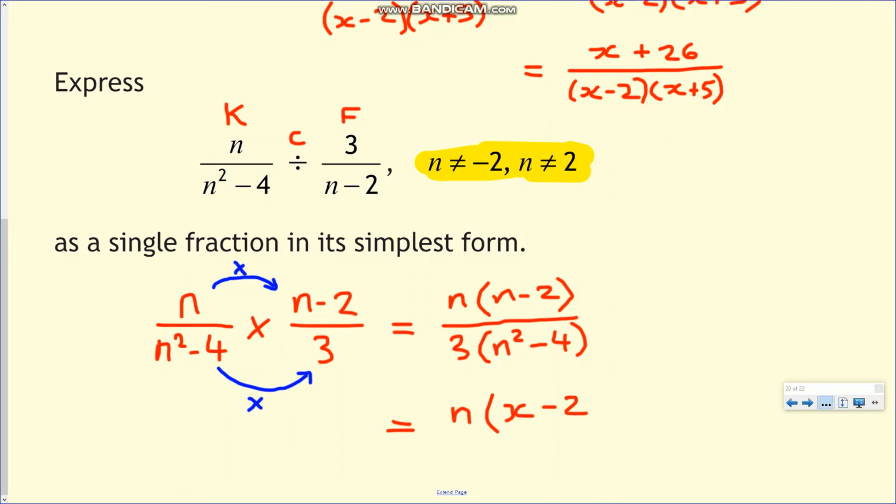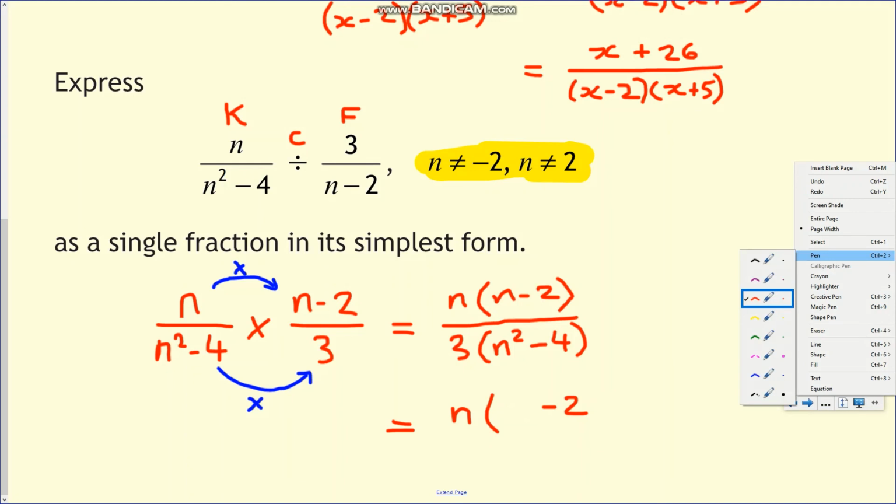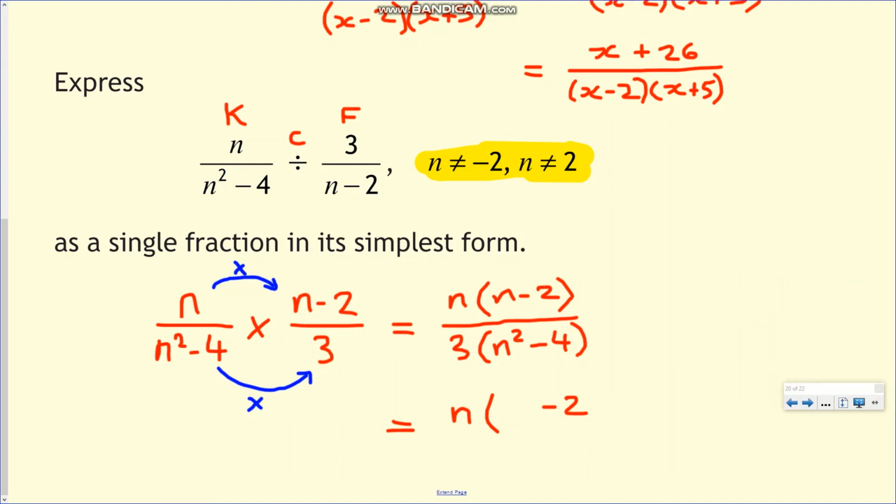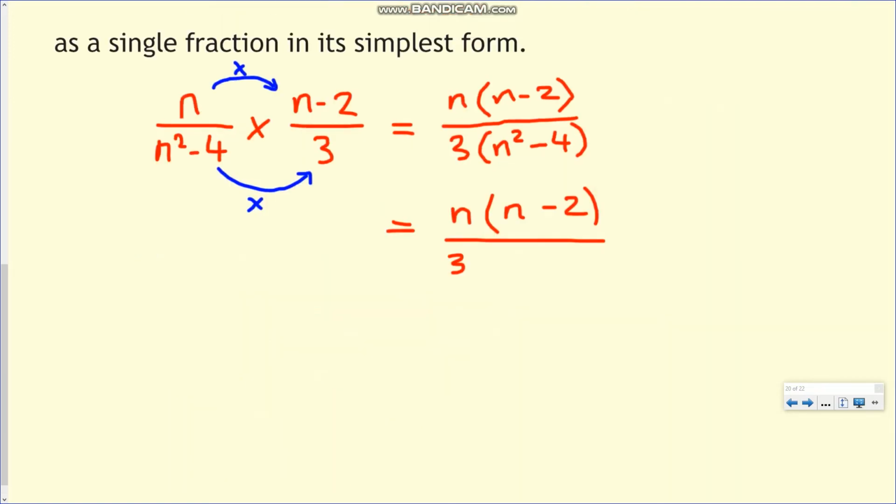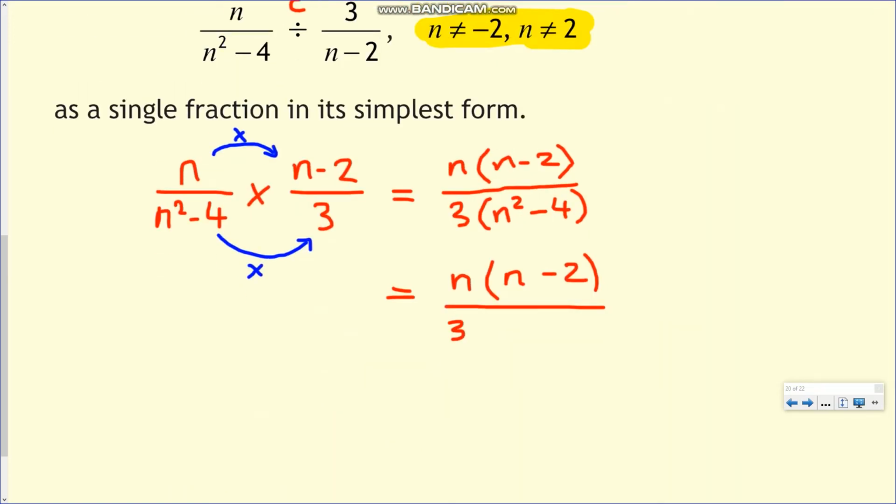Oh wow, why am I using an x? Let's try that again. Again, always check your working back just to see if there's any silly little mistakes made like that. I'm continually reviewing my answer just to make sure that it's not silly or not lacking any details that I need.